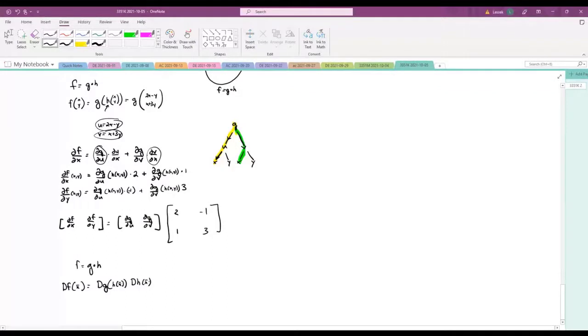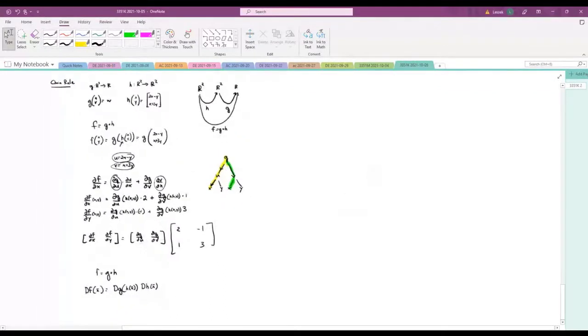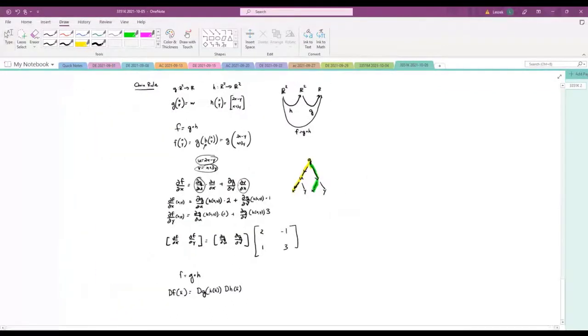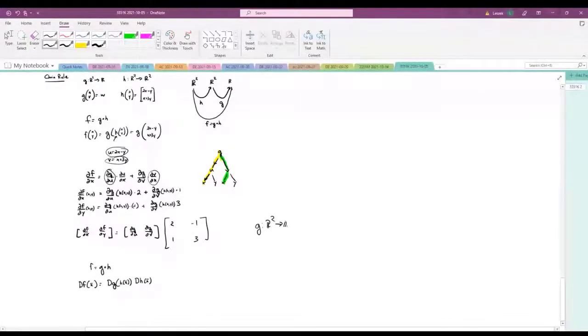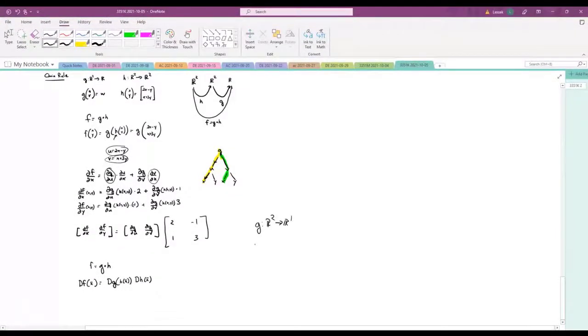So let's look at the sizes of these matrices to see that this makes sense. We see that g is a function from R2 to R1, so the Jacobi matrix, our derivative in this case, would be a 1 by 2 matrix.